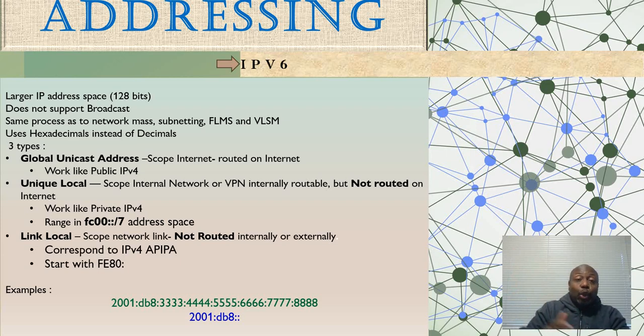We have the unique local addresses that can be used in a private environment, like RFC 1918. And we have the link local addresses that are like the APIPA addresses. So that's what we can say concerning this video, the address usage and the network mask.